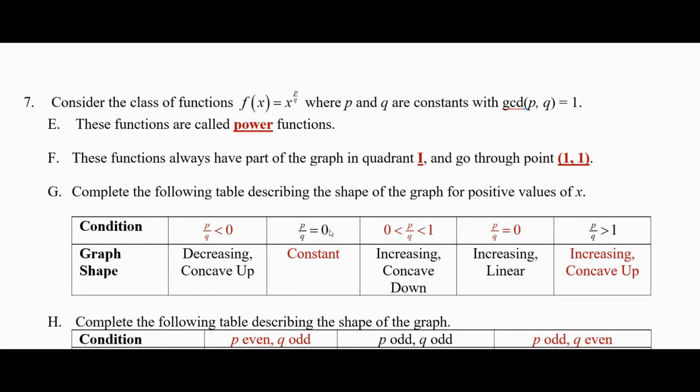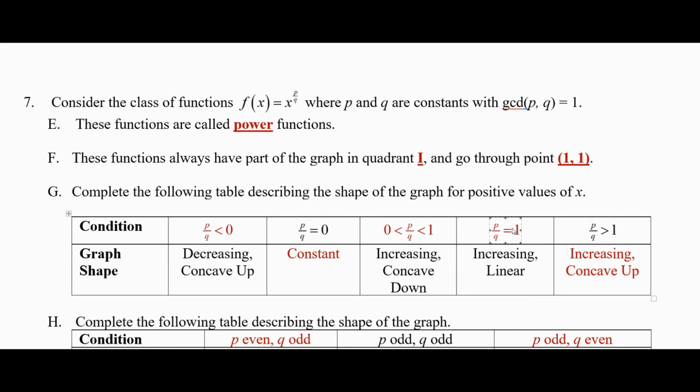If the power is 0, we have a constant function, y equals 1 in the first quadrant. Actually, it's y equals 1 everywhere, except it has a hole in the graph at (0, 1). If p over q is between 0 and 1, we are increasing but concave down. If p over q is 1, it's increasing linear. And if p over q is greater than 1, it's increasing concave up.